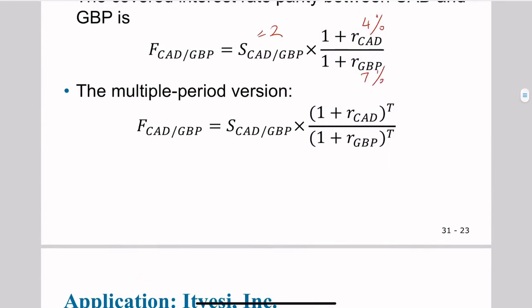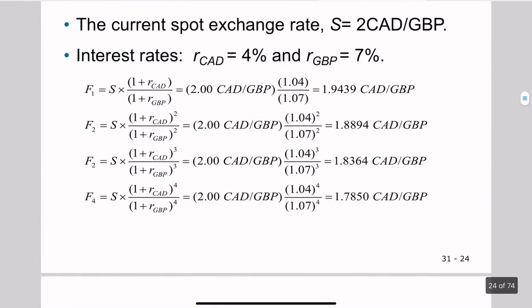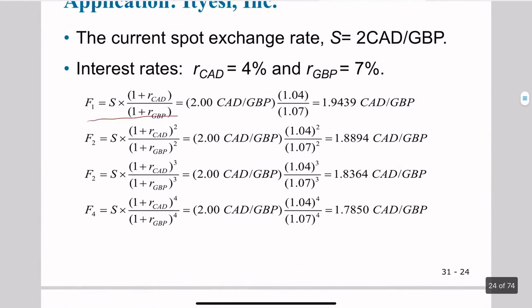So we have all our inputs, and then we can find out the forward exchange rate in 1 year. It's given by this. So it should be 1.9439 CAD per GBP.